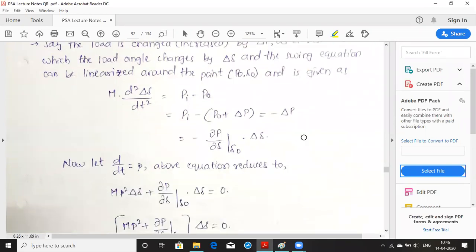Now coming to this part, what happens here? Now we are increasing the load. Just because of the increase in load, there will be a negative. That negative is nothing but a change. We are going to write it as the change in active power, dP by d delta. This is the condition where, under the initial condition, that is when there is no disturbance, the angle is changed by delta delta.